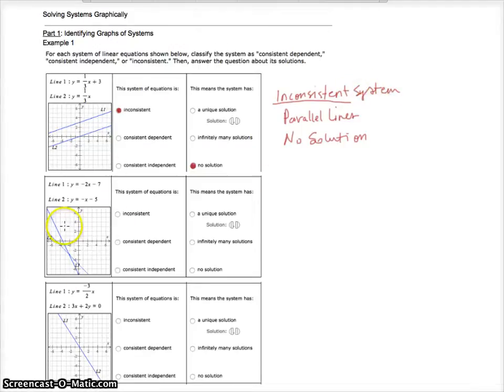Let's look at the next lines. Here I have y equals negative 2x plus 7, and here I have y equals negative x plus 5. So I have two different slopes, two different intercepts. So here this will be line 1, and here's line 2, and they have one unique solution.